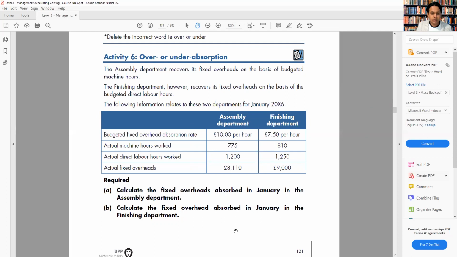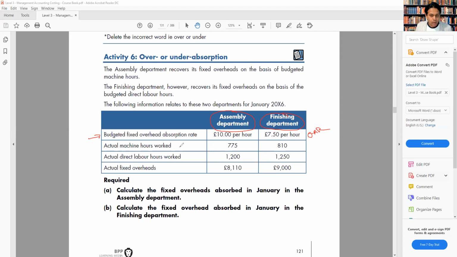So let's have a look. What is the information we have? We have two departments, assembly and finishing. Budgeted fixed overhead absorption rate 10 and 7.5. They already give it to us, so OAR is already calculated. We don't have to do anything.